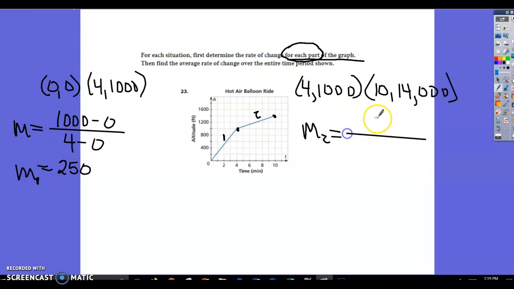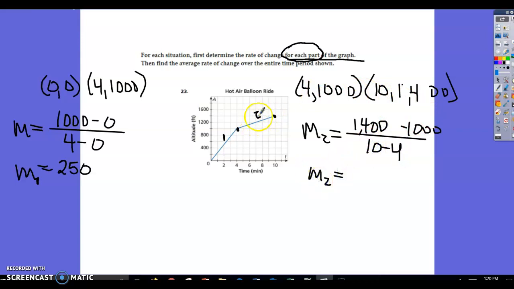And we're going to do change in y's. Is that 1,000? All right, so that should be 1,400. Sorry, that's 1,400. Make sure my numbers are correct here. 1,200, 1,400. So I had an extra 0. All right, and then 10 minus 4.